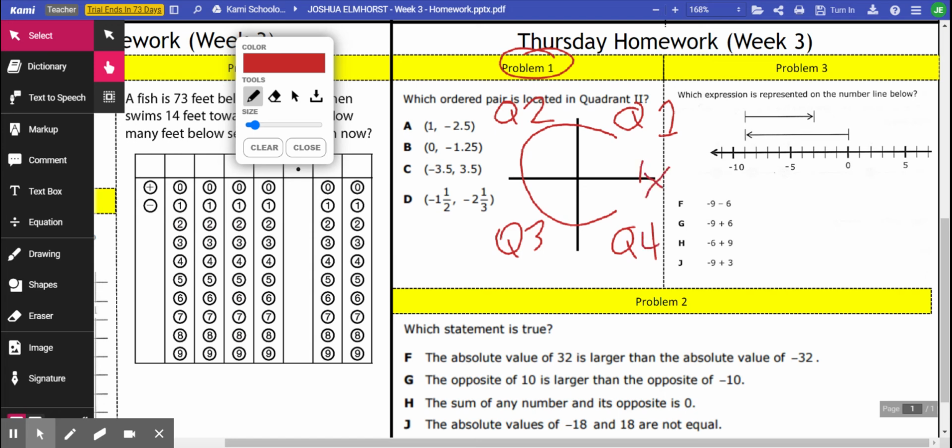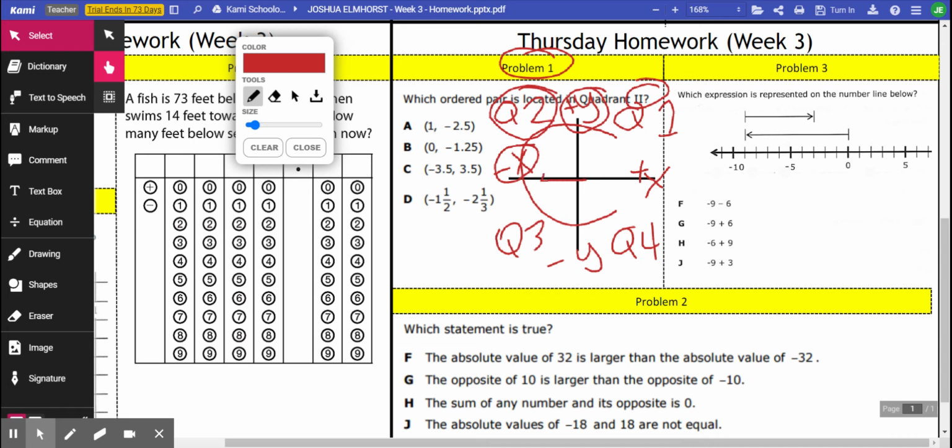So if we look at positive x, positive y, and then negative x and negative y, just looking at the positives and negatives, in order to get into quadrant 2, we need a negative x and a positive y in order to get into that quadrant.